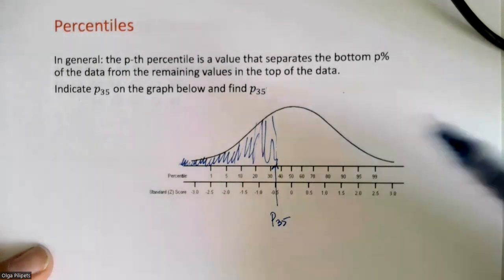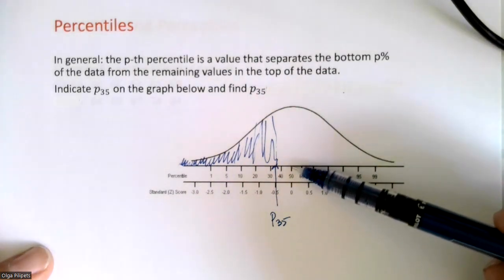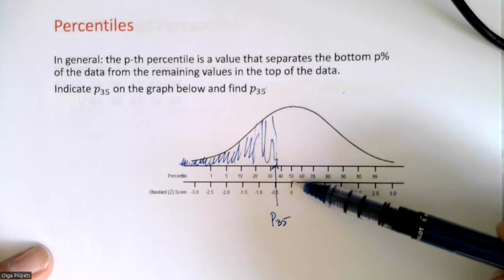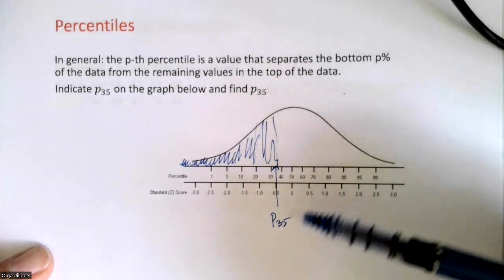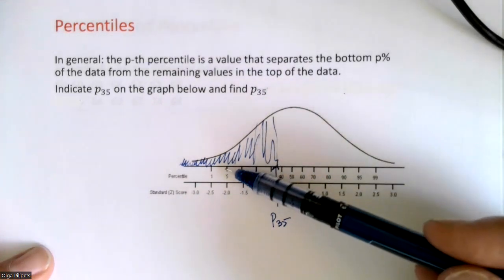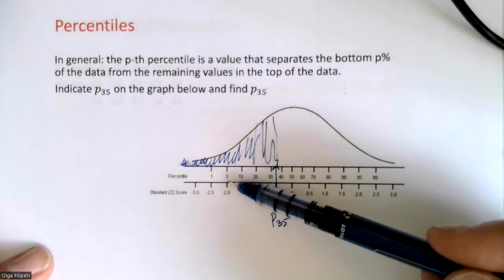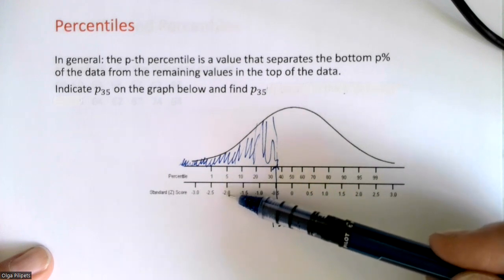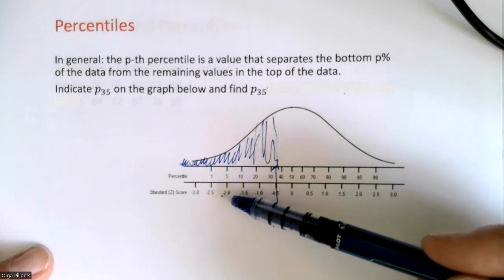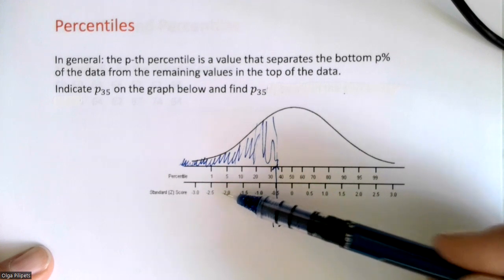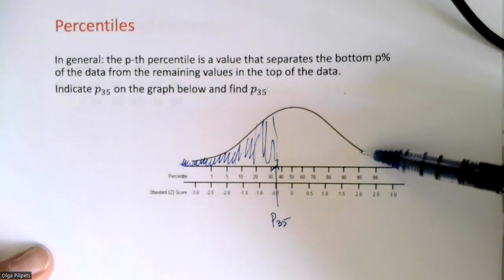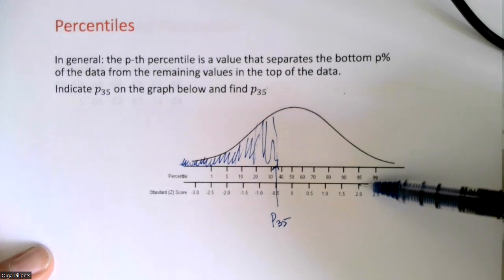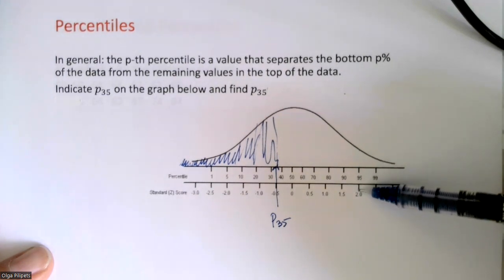So 50% coincides with a 0 on a z-score, right? And then the 5% almost coincides with a negative 2 on a z-scale. Now 95% coincides with positive 2 on a z-scale.